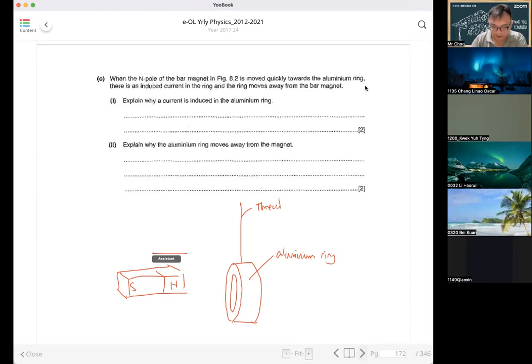Can you all try this question now? 4 marks. You can just write the same answer that you gave me just now for part B into number 1. Whatever answer you gave me for part B, change a bit of things, then that's the correct answer, the same answer.